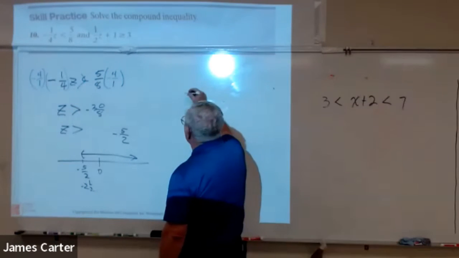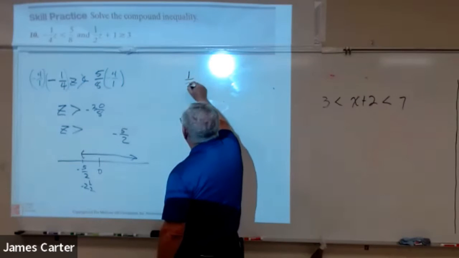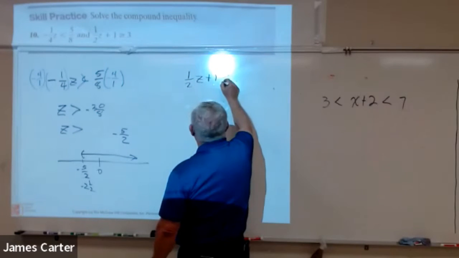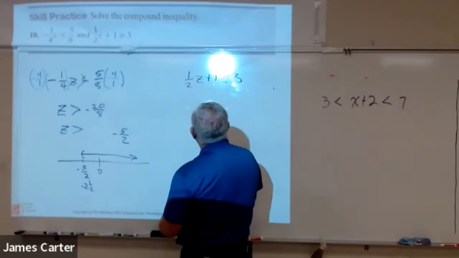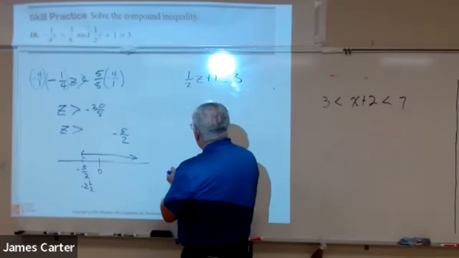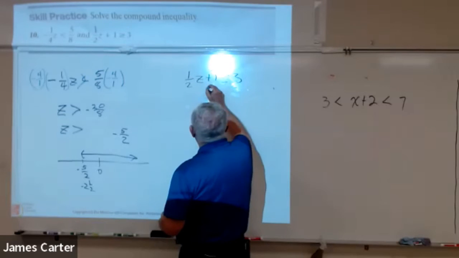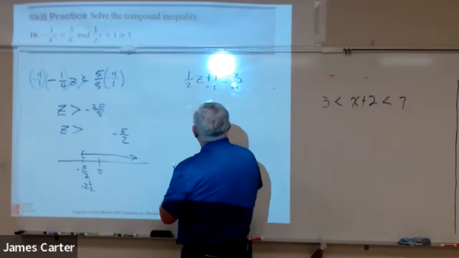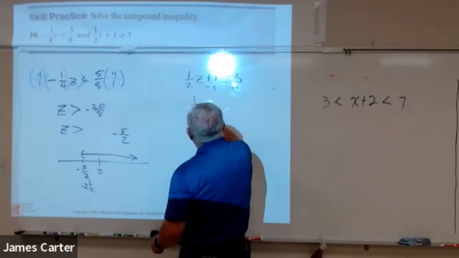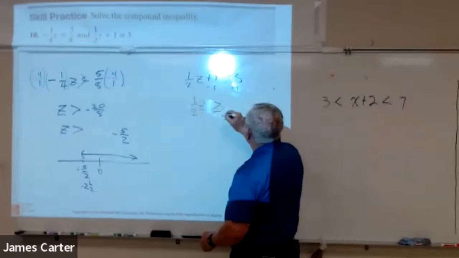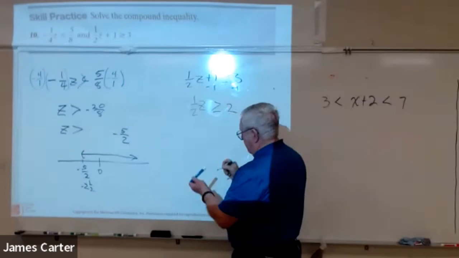Okay, what about the other side? 1/2 z plus 1 greater than or equal to 3. Well, once again, first of all, I got to get this add-on out of the way. Minus 1, minus 1. So I end up with 1/2 z greater than or equal to 2.